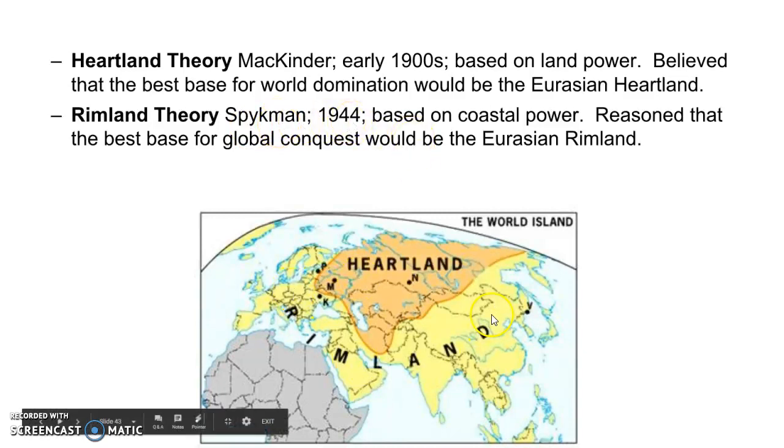If you set a goal for global conquest, I think this would honestly be one of the best areas to do it because you have a lot of water and a lot of land, and a lot of great natural resources in these areas. I think the Rimland theory, in my opinion, is probably the best.